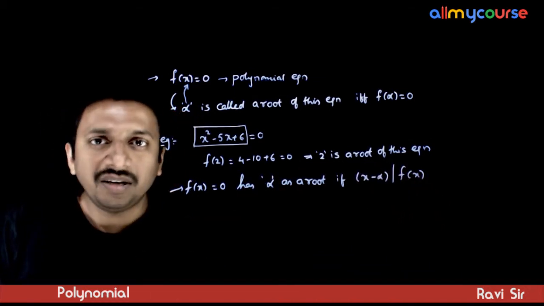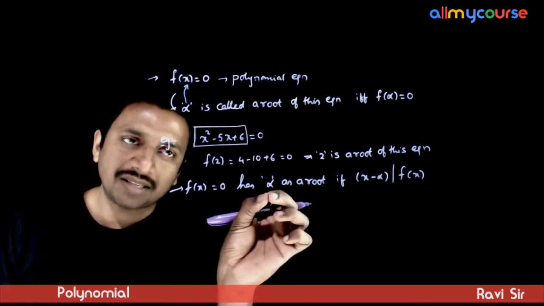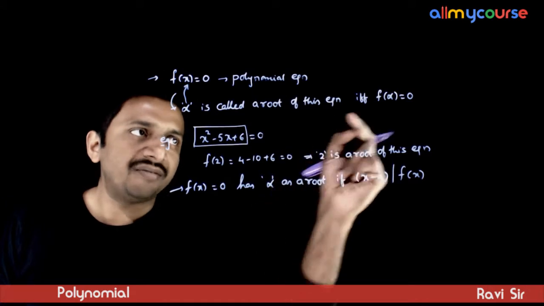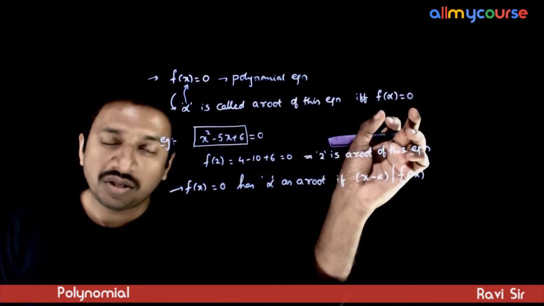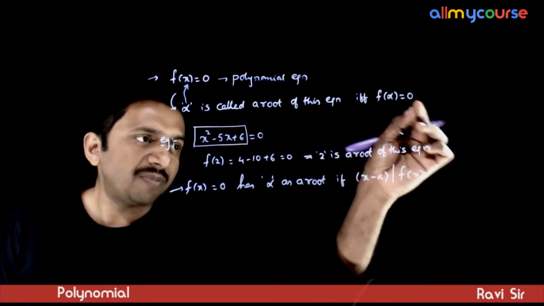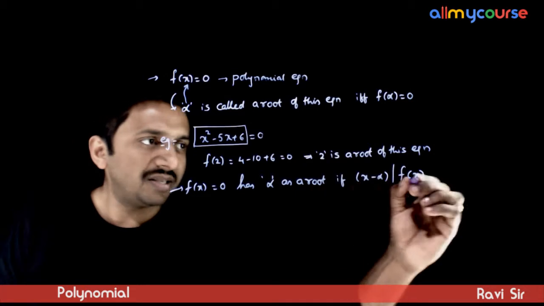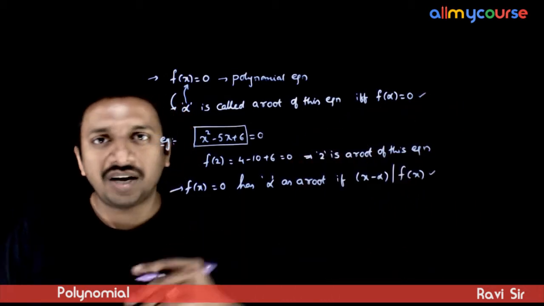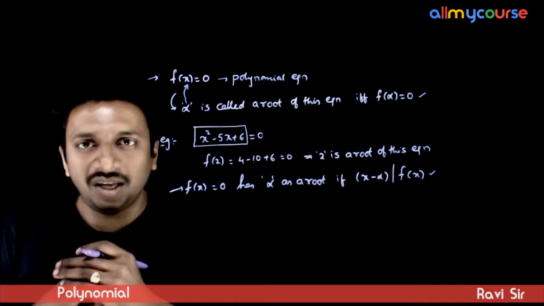Yes, from remainder theorem and factorization theorem. So if f of x is equal to 0 has alpha as a root, by definition f of alpha is equal to 0, and if f of alpha is equal to 0, from factor theorem x minus alpha has to be a factor of f of x. So these are two ways in which we can determine whether a number is a root of the equation.